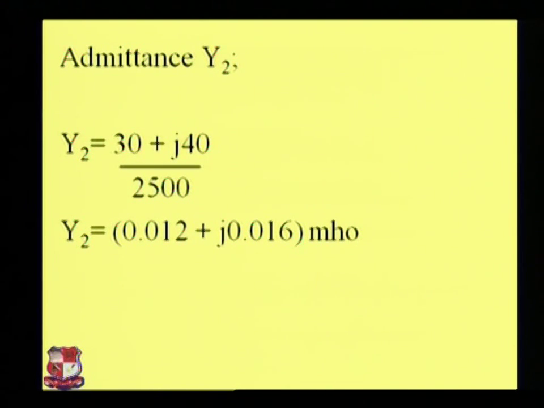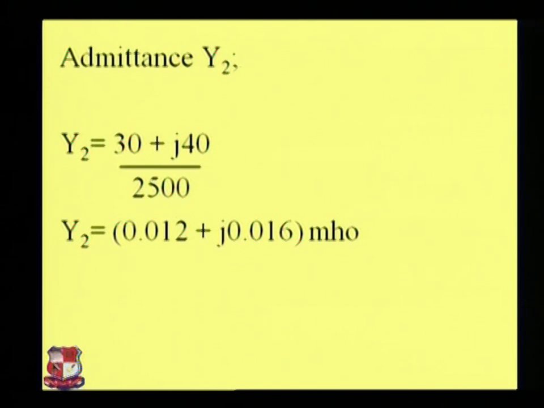Solving that, y2 equals 30 minus j40 upon 2500, so individually we get y2 equals 0.012 plus j0.016 mho. So here we have y1 and y2.